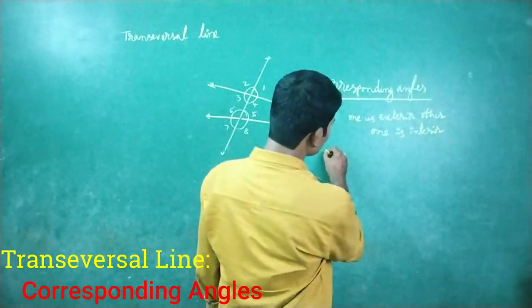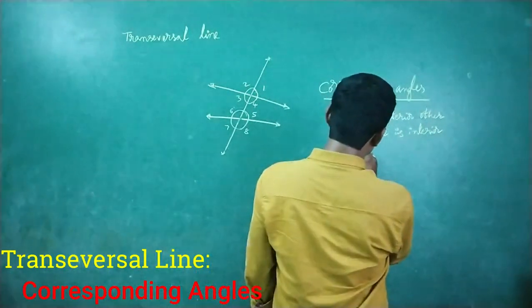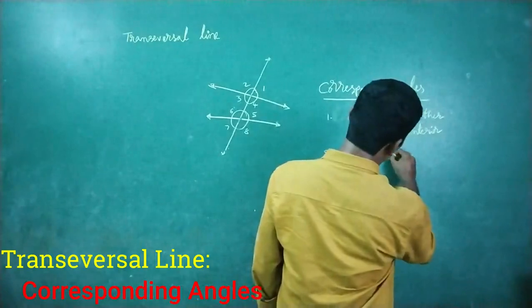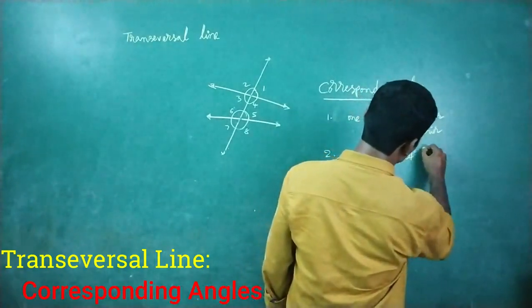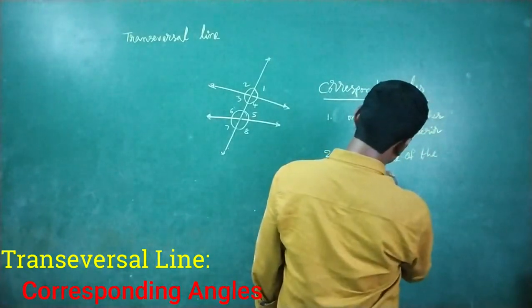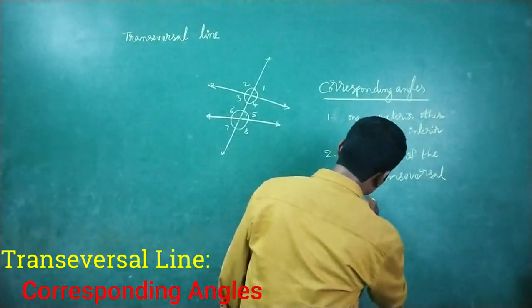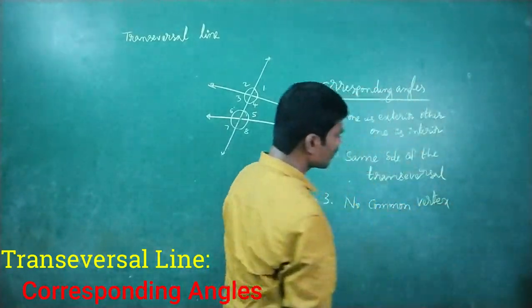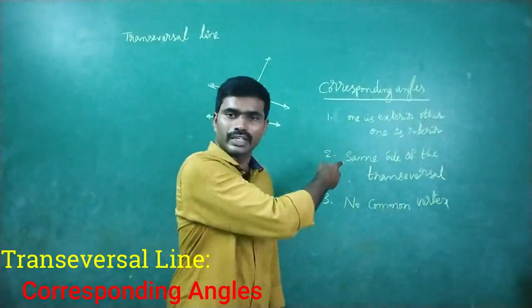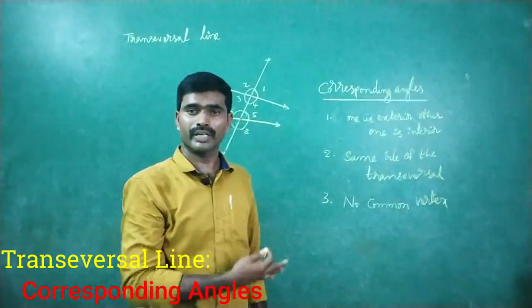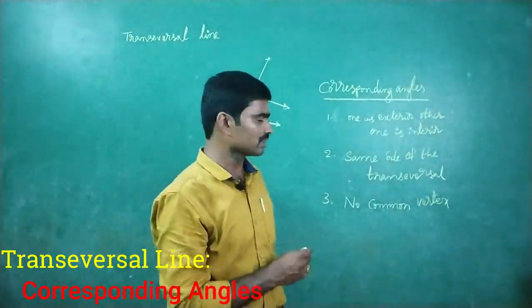Next, both angles are on the same side of the transversal. The third one is no common vertex. According to these 3 properties, we can define the corresponding angles.